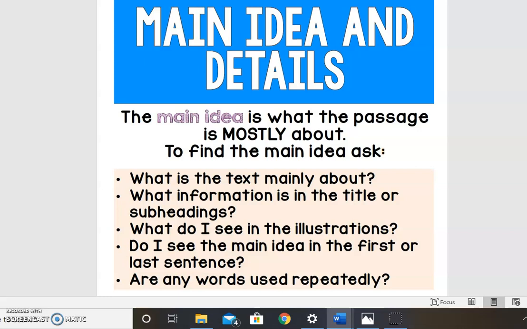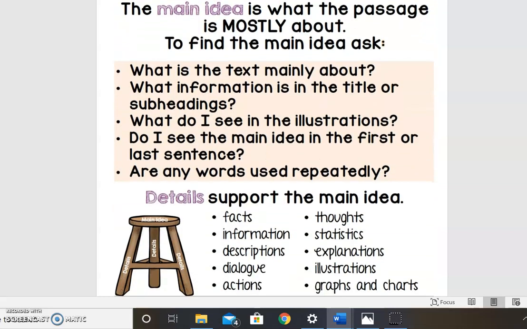And then also, if you hear the word repeatedly said over and over again, that's a pretty good tip that that's what the topic of the selection is, and that can lead you to figure out what the central idea is as well.